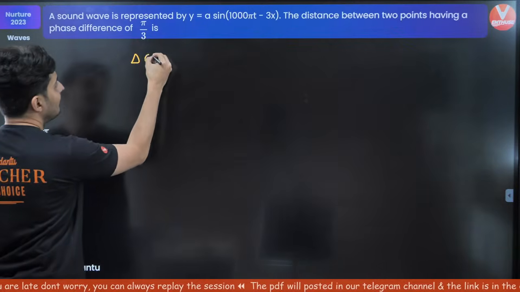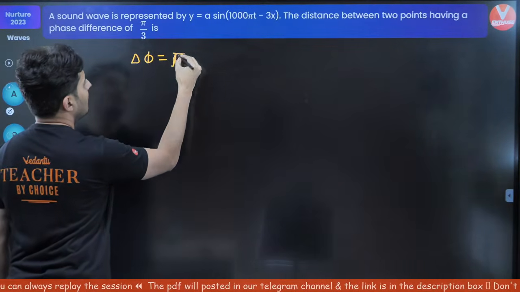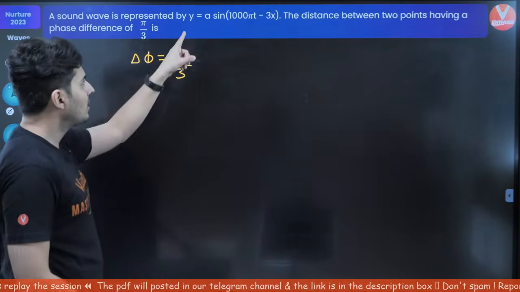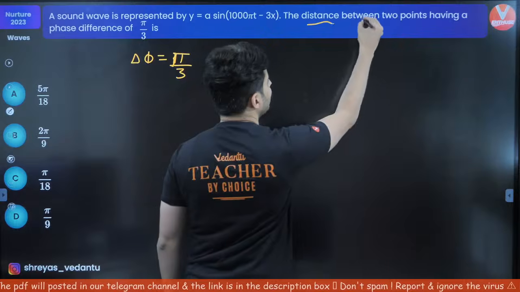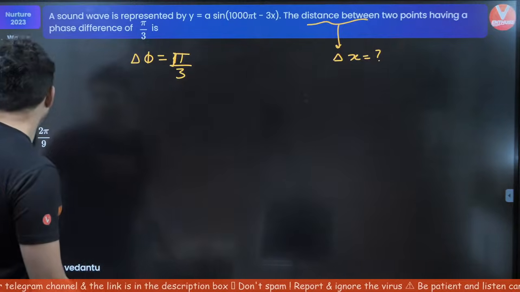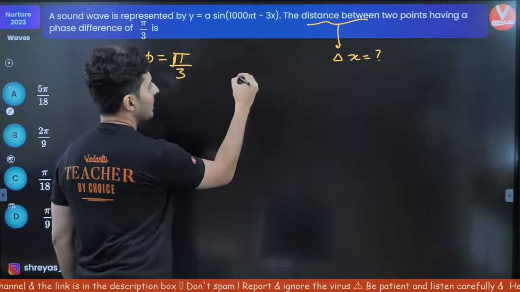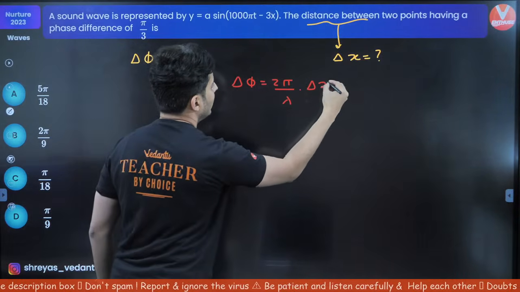Here, del phi is given to be pi by 3. Next, in order to find the distance between the 2 points, which is basically delta x, I need the formula. And what is that formula? Del phi is equal to 2 pi divided by lambda into delta x.